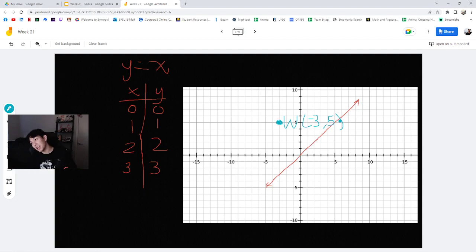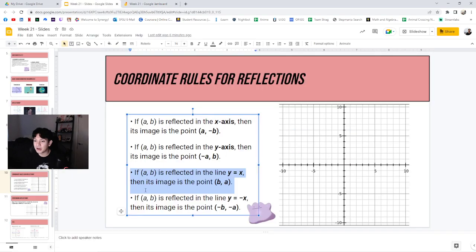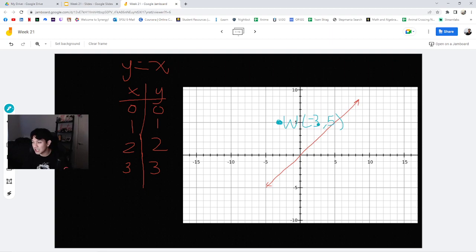You could tilt your head a little, but there is a nifty rule here: if (a, b) is reflected in the line y equals x, then its image is the point (b, a). So all we're doing is changing (a, b) to (b, a). We just swap the values. Instead of negative 3, 5, let's switch those two numbers around, and now our W prime is going to be located at 5, negative 3.